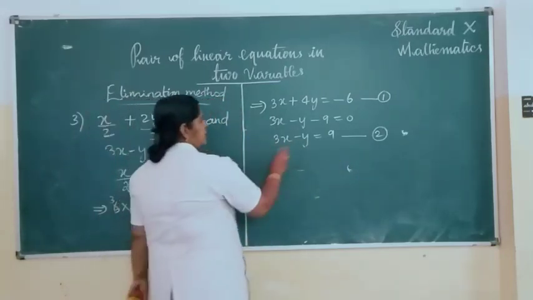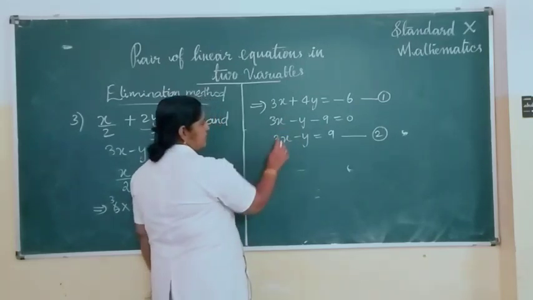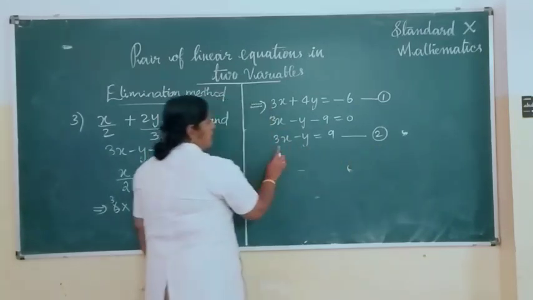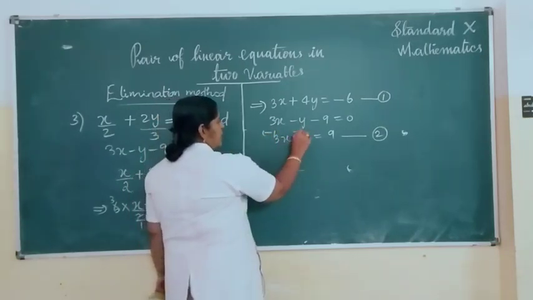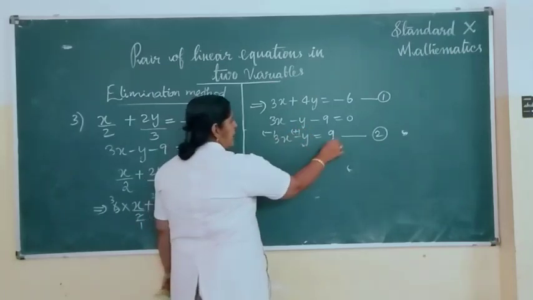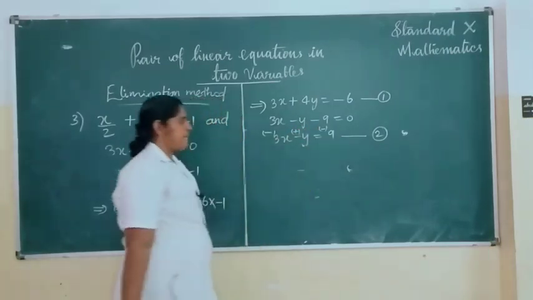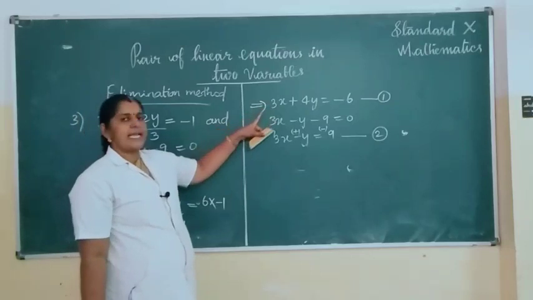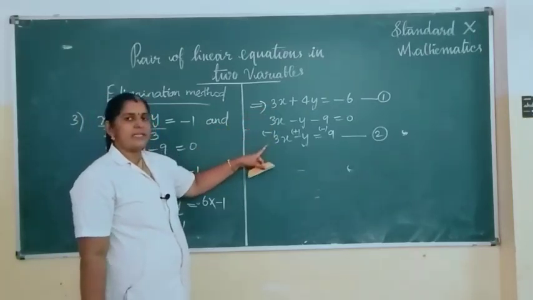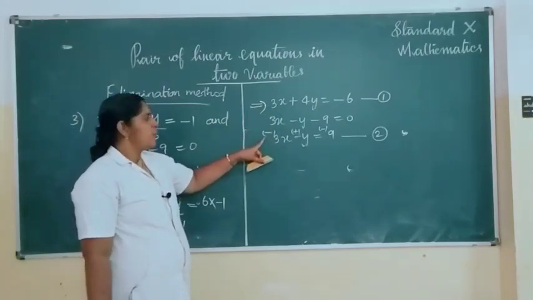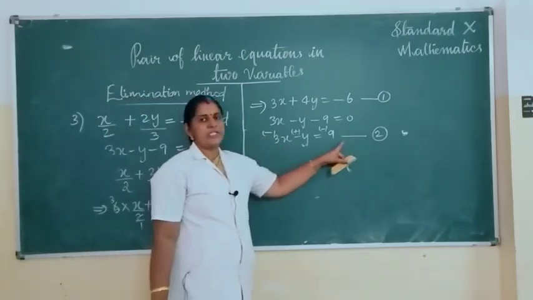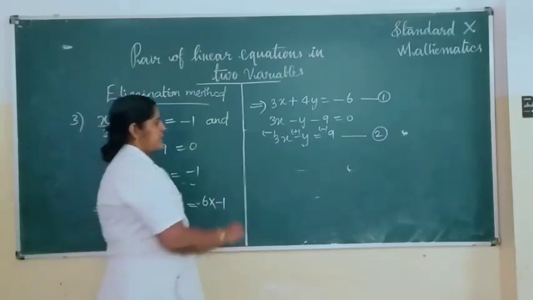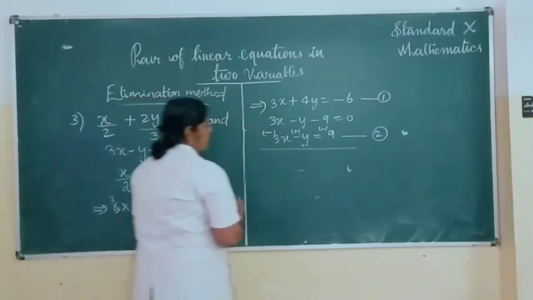So plus 3 becomes minus 3, minus y becomes plus y, and 9 becomes minus 9. So when the signs of the coefficients are the same, you do the subtraction so that the second equation's sign changes. Now we can simplify.